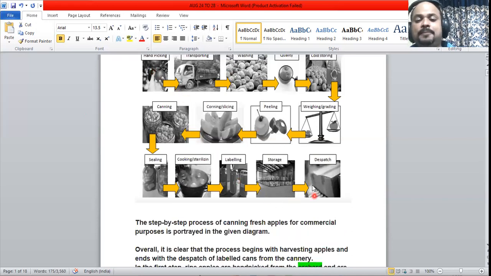For commercial purposes. Why commercial purposes? It is sent for sales. It's portrayed in the given diagram. What is picturized in the given diagram? The picture is the sequence of this process.